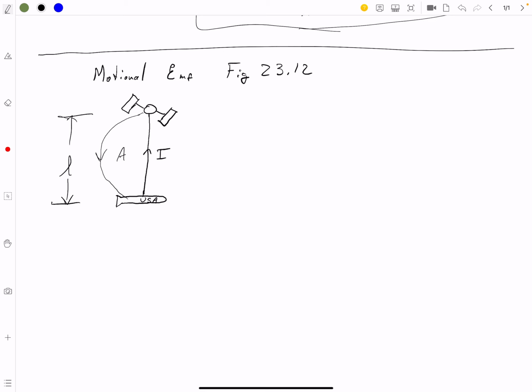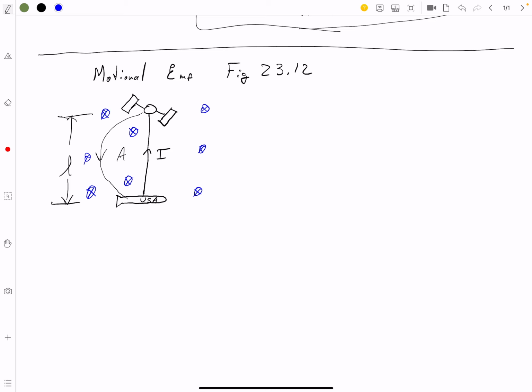However, the B field, if I remember right, is going into the page. I can't remember. It doesn't matter. Well, it kind of does, but all we're looking for is the total EMF. Whether it's into the page or not, positive or negative, we don't care, because we're taking the absolute value of the whole thing. So I'm drawing them into the page. I might be wrong.